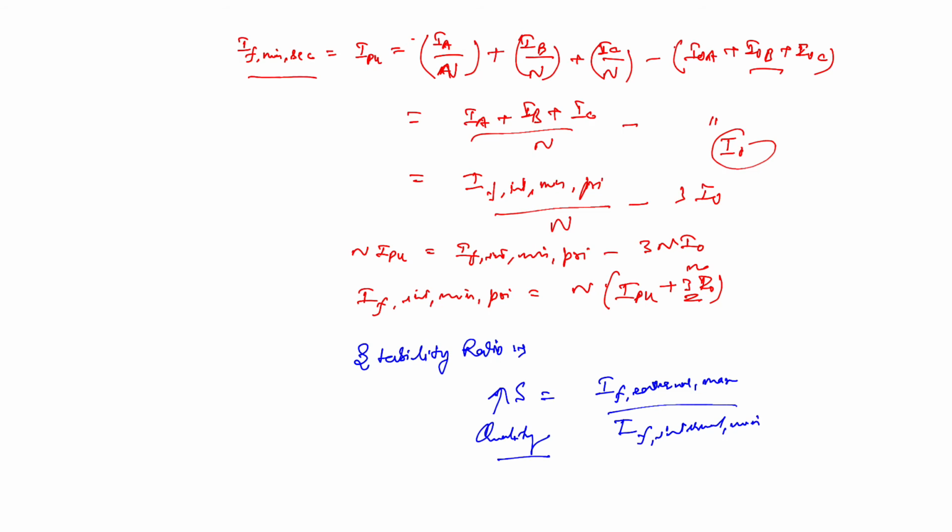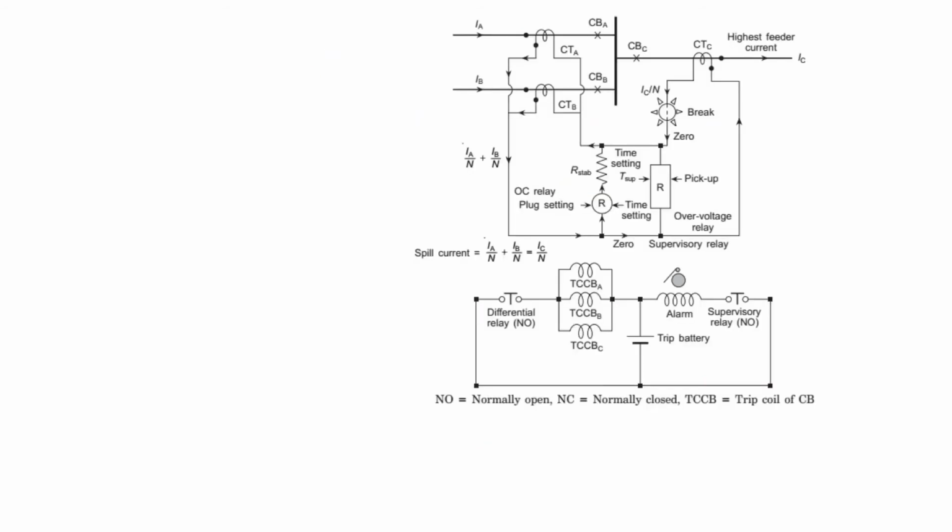Now we will discuss the supervisory relay. So what is a supervisory relay? What happens in a busbar differential scheme? Many times it happens that a particular CT gets open circuited.